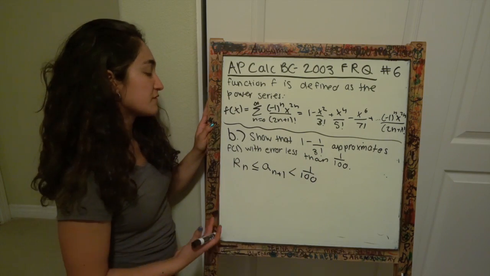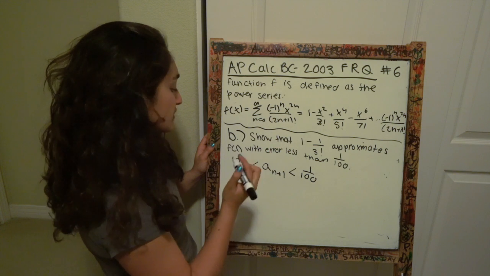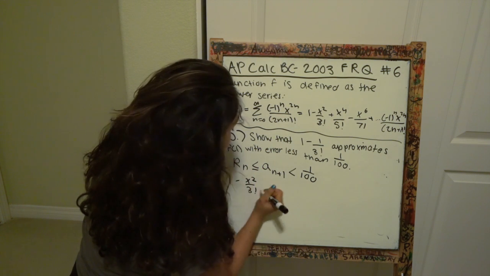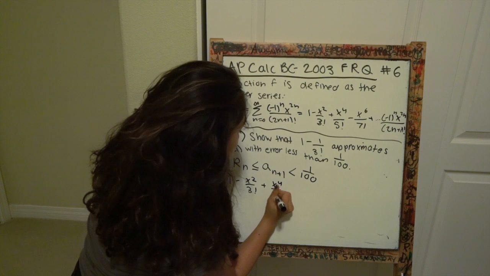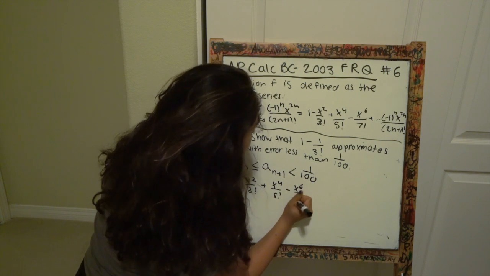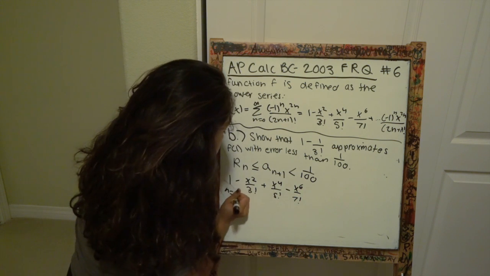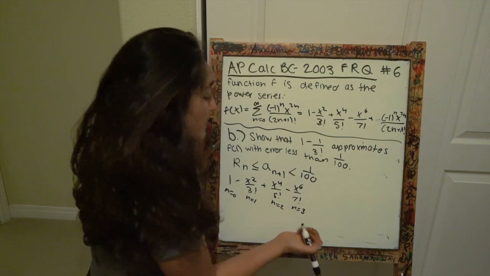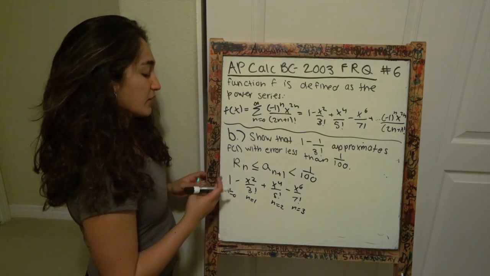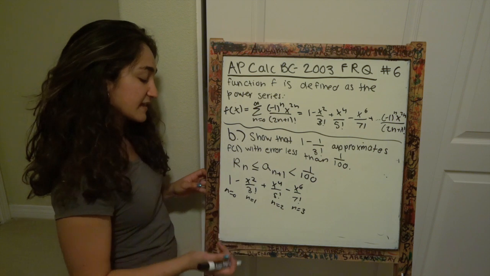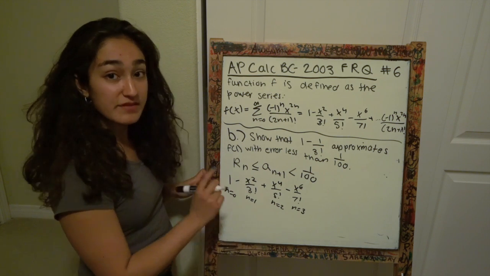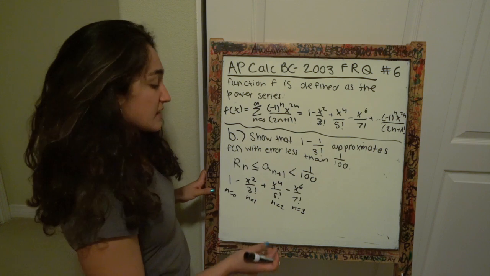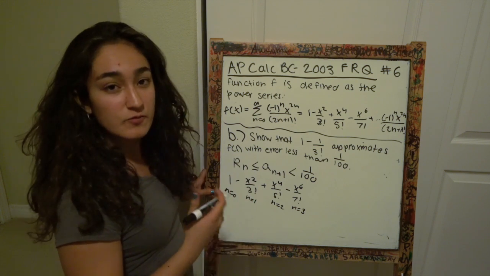Like I mentioned before, in the power series that we have, each term represents a certain n value or term. So for example, this is our n equals 0 term, n equals 1, n equals 2, and etc. What this formula is asking is for us to find the nth term where, once 1 is plugged in, the value is less than 1 over 100.